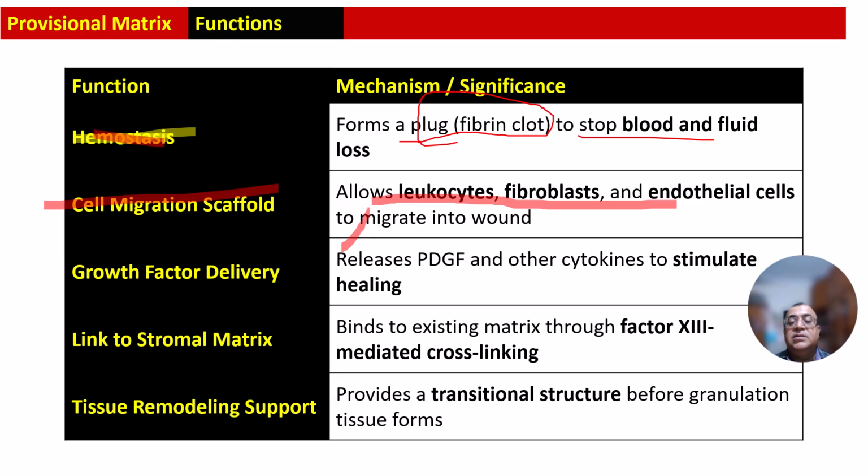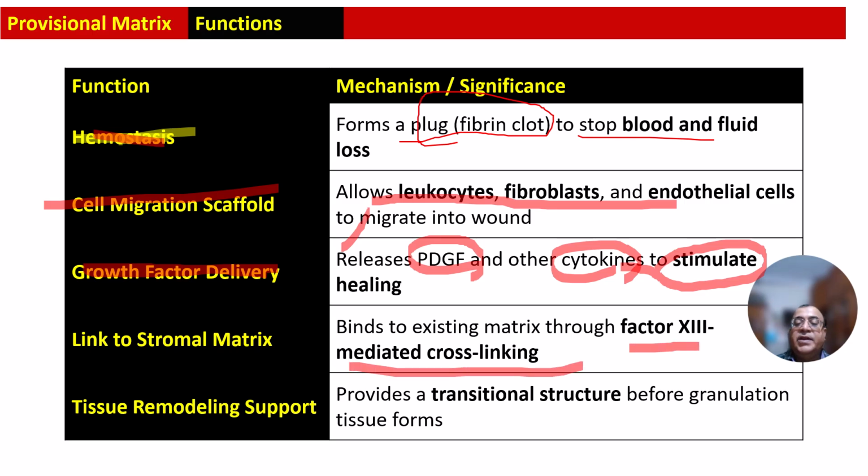There is the presence of platelet-derived growth factor and other cytokines that are important for the stimulation of healing. So this provisional matrix is important in the delivery of growth factors, and then it forms a strong connection with surrounding tissue through factor 13 or transglutaminase.